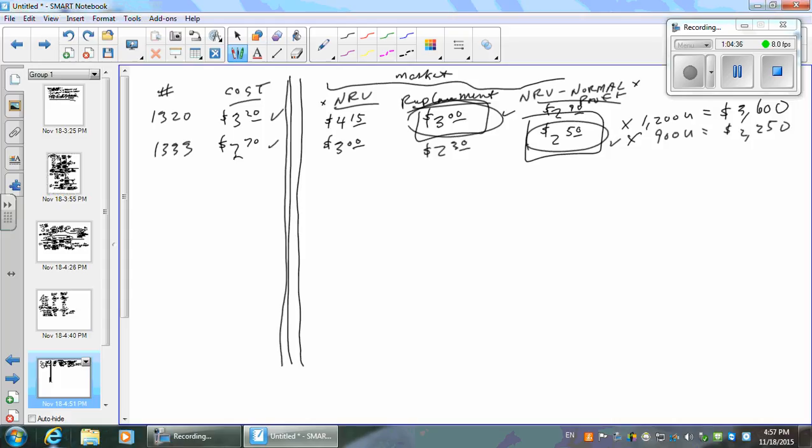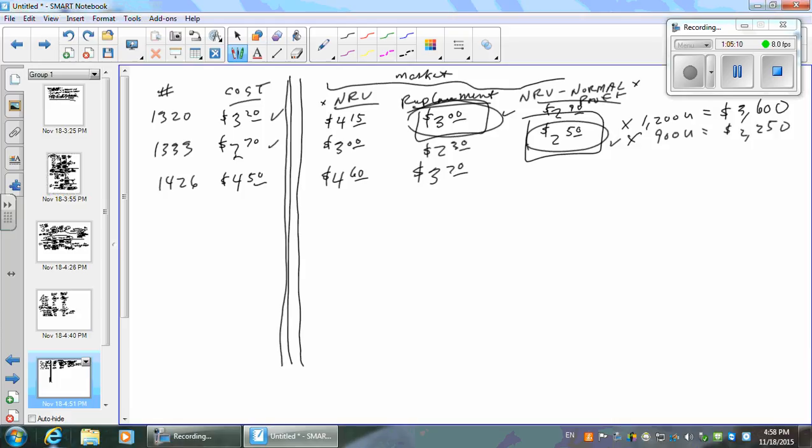Okay, let's do a third one. 1426. All right, what's the cost? What's the net realizable value? $5 less 40 cents? What's the replacement? What's the net realizable value, which is $4.60, minus the normal profit?